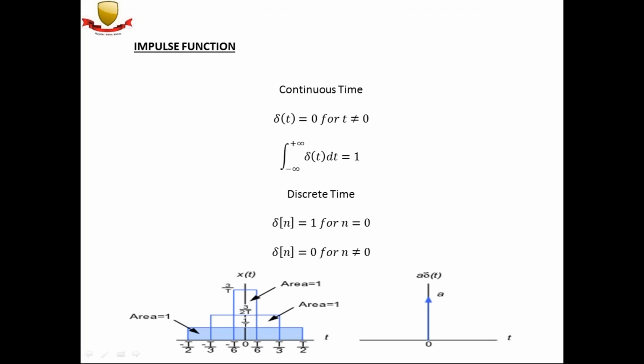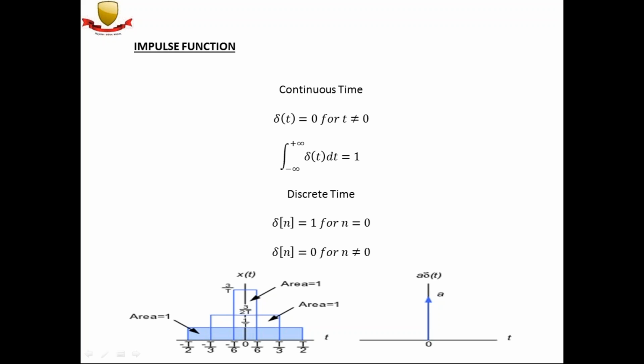Now, this is how it looks. In the first diagram, you can see that it doesn't matter how much you stretch or expand it, the total area occupied by the impulse function will be unity.